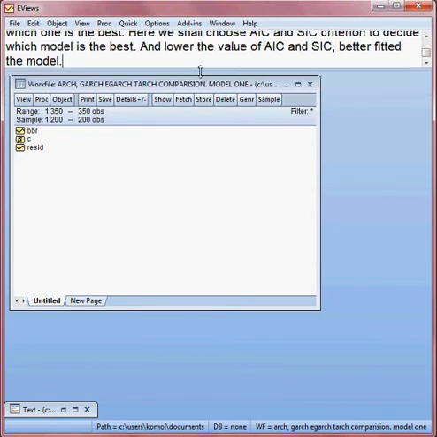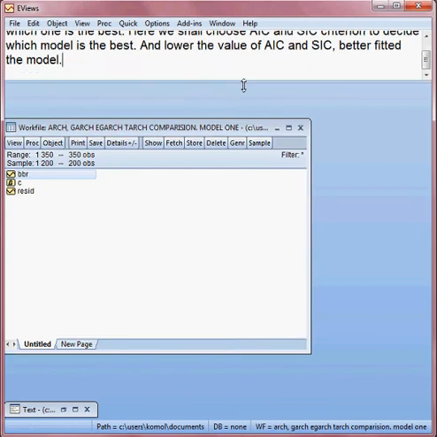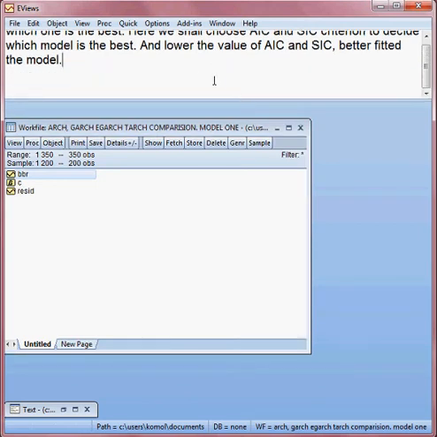And here we can see we have the variable BBR. What is BBR? Bangladesh bond return, and that is BBR.